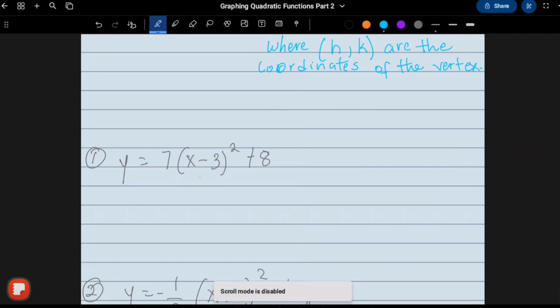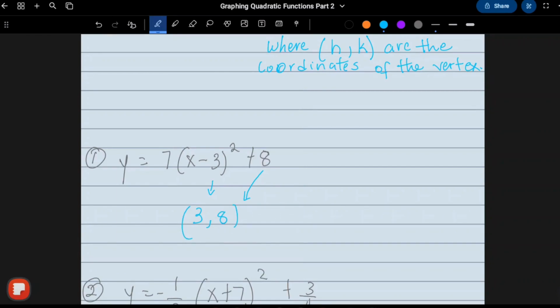So we have y equals 7(x minus 3) squared plus 8. We take that 3 out, and we take that 8 out, and that will be your coordinates for your vertex. So 3, 8.